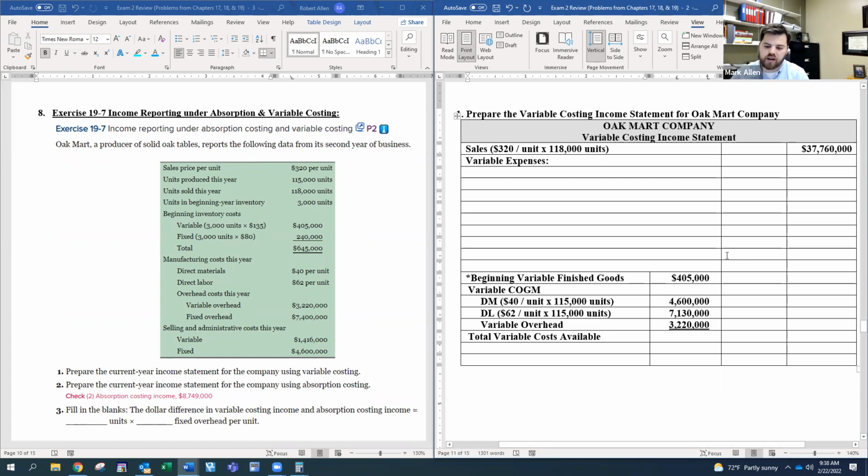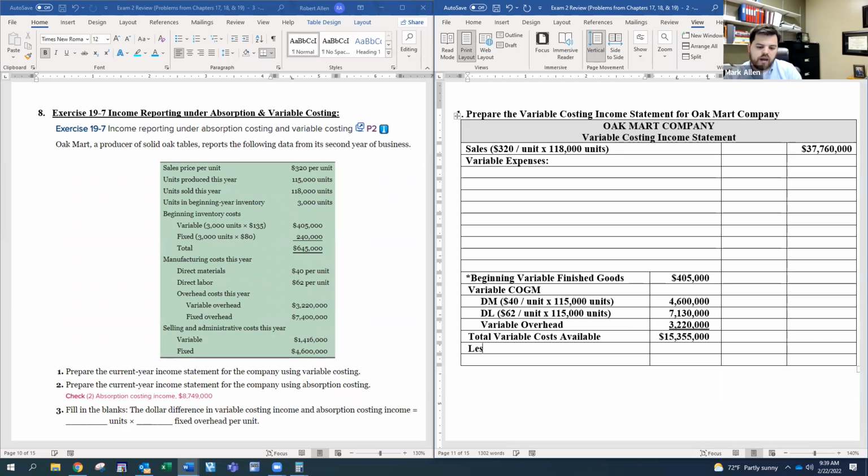So 405,000 plus 4,600,000 plus 7,130,000 plus 3,220,000 is $15,355,000. I realize I did that on my 10 key at my desk and not on the calculator on the computer. If you want to check that, feel free. I'm not going to go through it again, but I checked it on my 10 key, so that is correct.